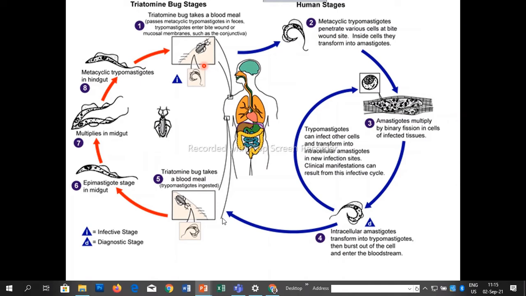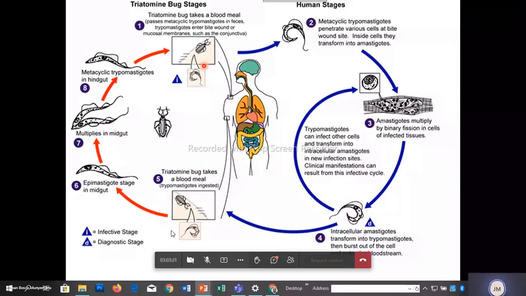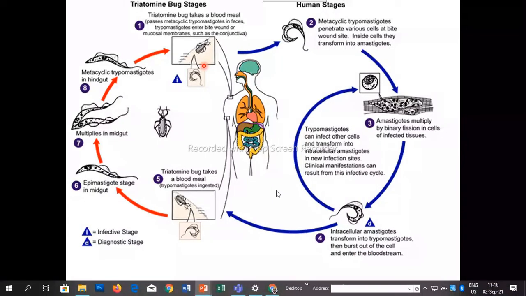So the small difference is that for Trypanosoma brucei, the infective stage, the metacyclic trypomastigote, is found in the proboscis or mouth of the tsetse fly. But for this one, the triatomine bug or kissing bug, the metacyclic trypomastigote is found in the feces of the kissing bug.